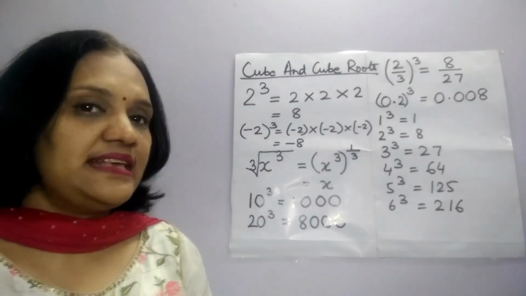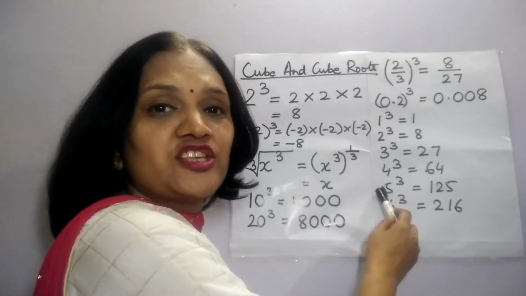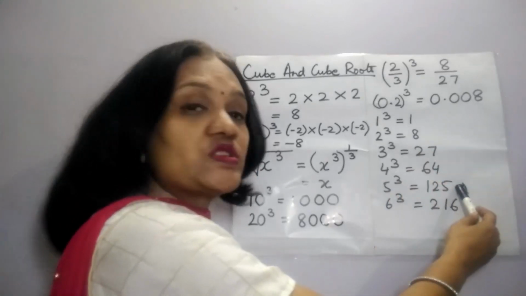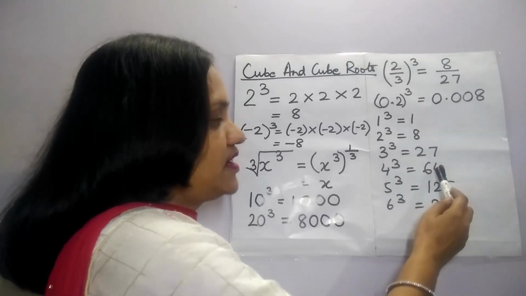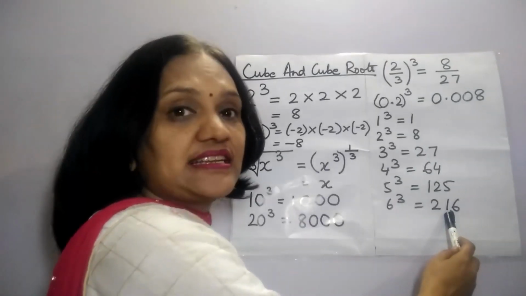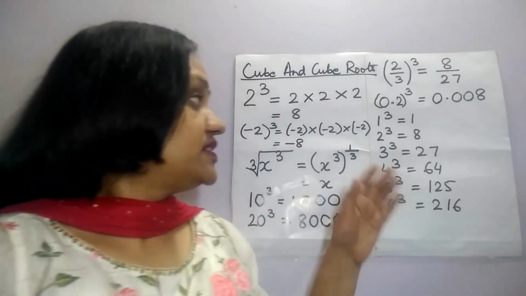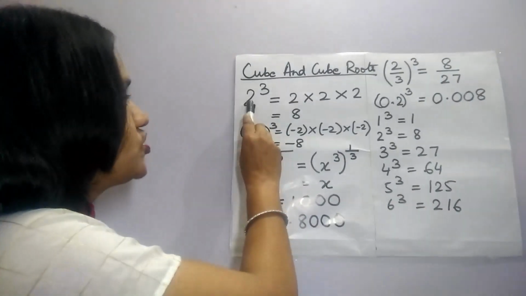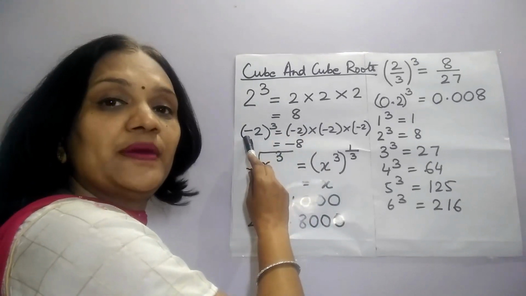Now you can see that 1, 3, 5, which are odd numbers, their cubes are also odd, and for even numbers you can see that their cubes are also even. So this is a very important property we have learnt, and we have seen that the cube of a positive number is positive, the cube of a negative number is negative.